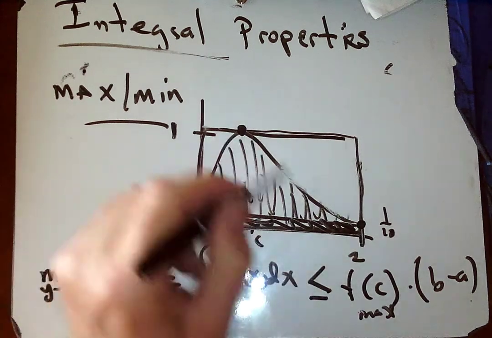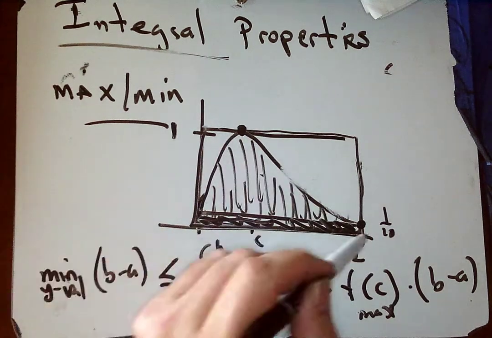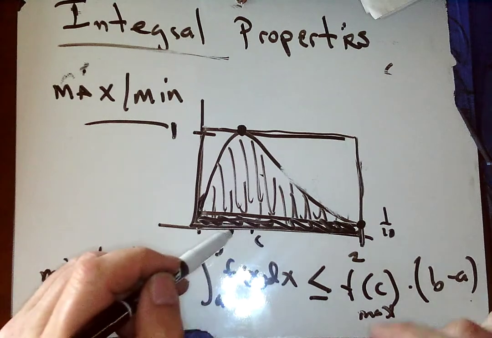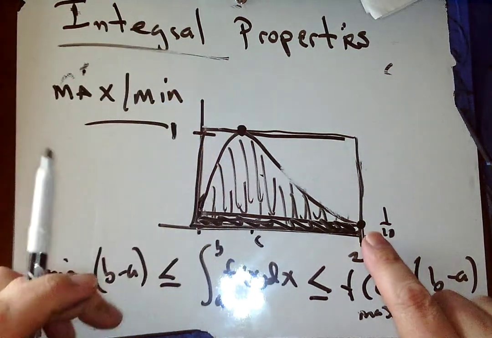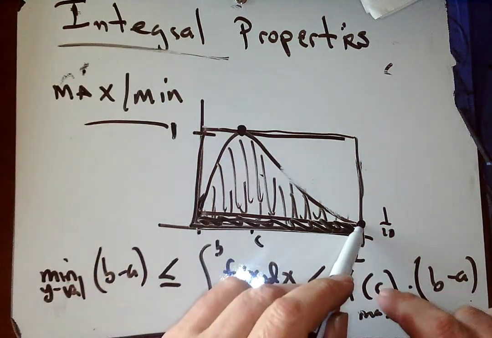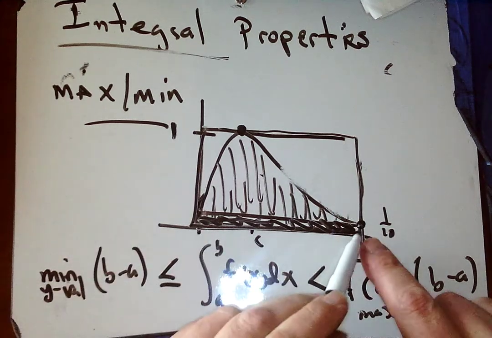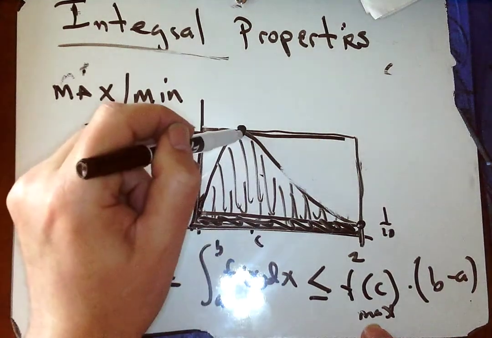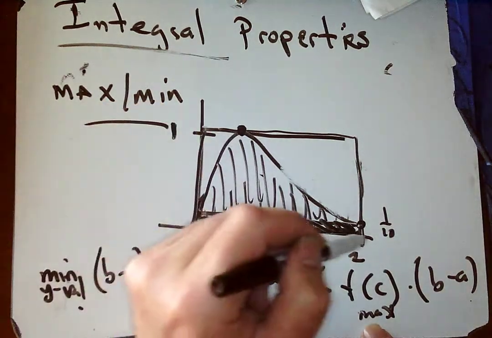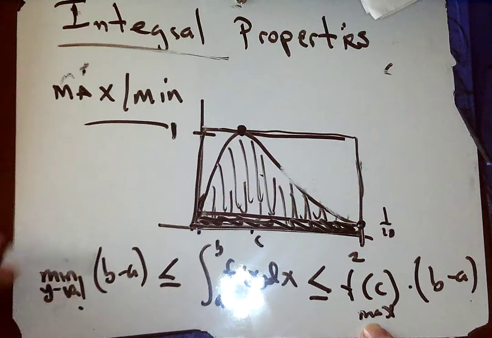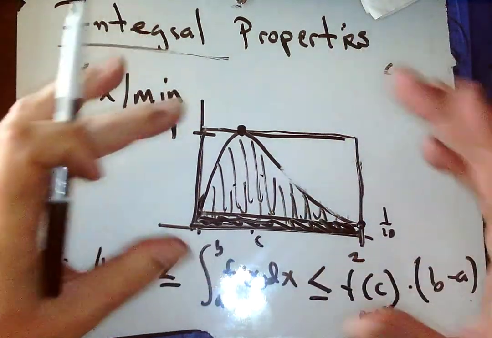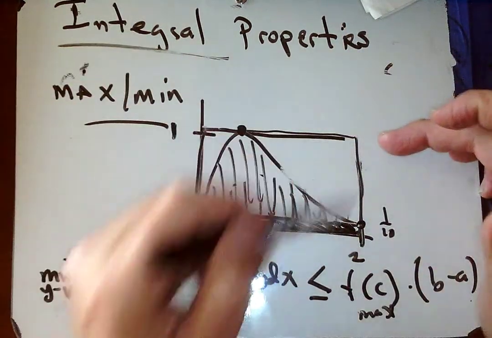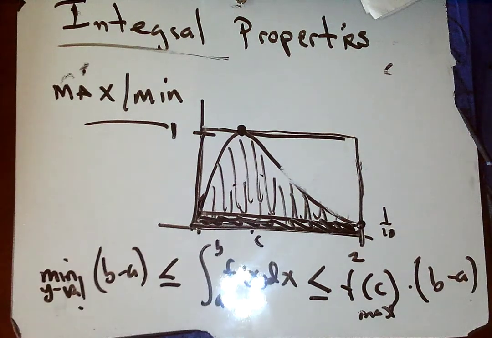So I'm saying this area under the curve is squeezed between the minimum y value on that interval times b minus a, and the maximum y value times b minus a. So we're squeezing our area in between these two rectangles, this big one and this little one. Sandwich theorem. Yeah, it's kind of sandwich theorem, huh?